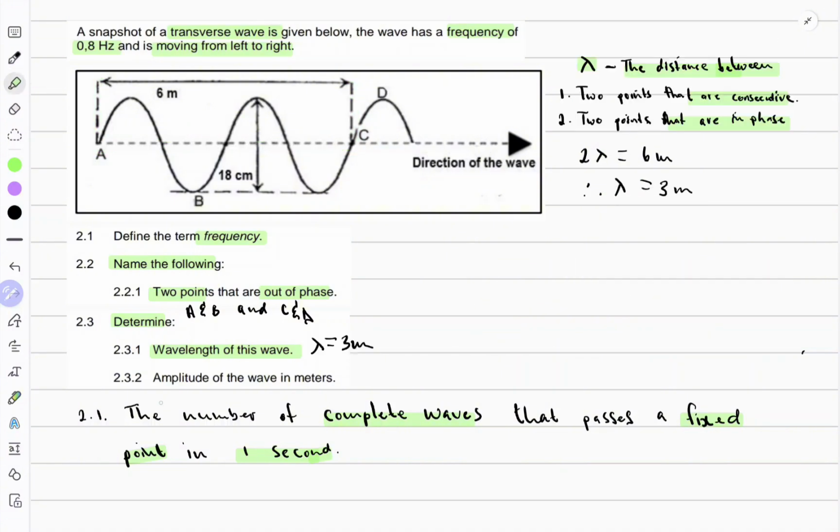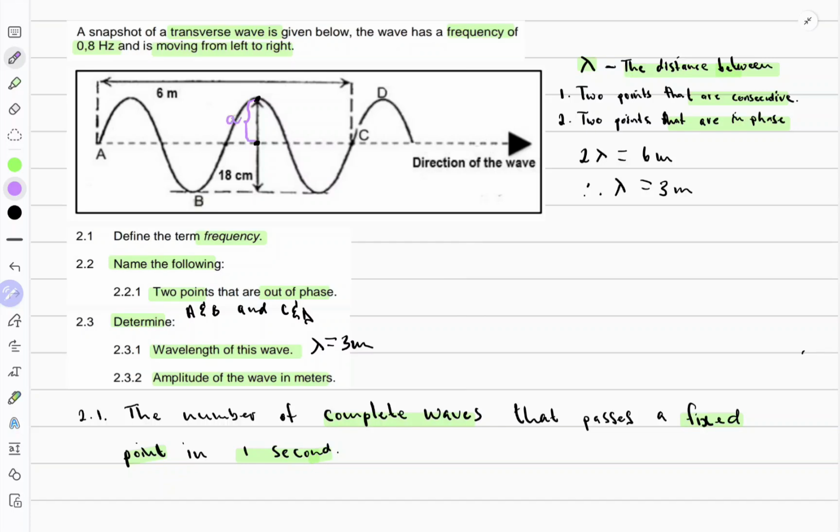And the next question says we need to determine the amplitude of the wave in meters. So the amplitude by definition is the maximum displacement a particle can assume from the equilibrium. So if you consider the equilibrium here, the maximum distance the particle can assume would be this distance here.